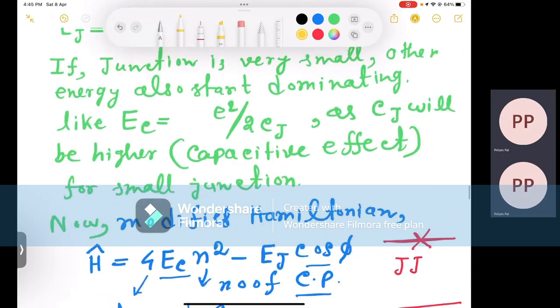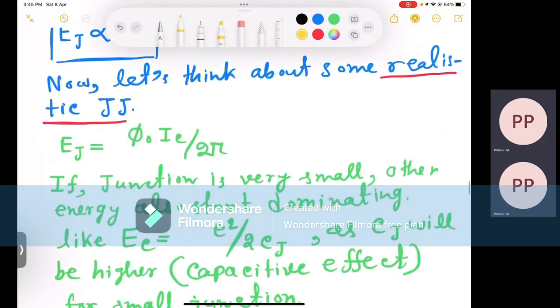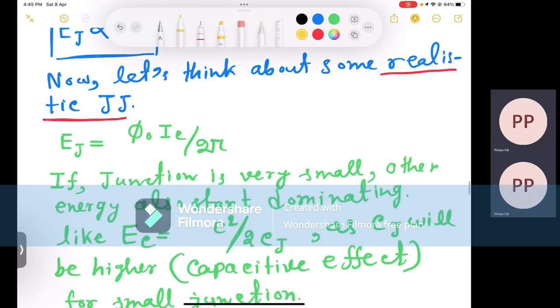Along with the Josephson junction, we always have some capacitive contribution as well as a resistive contribution. Once we try making a Josephson junction, these will also come simultaneously in parallel, right? That's the thing when we talk about a real Josephson junction.